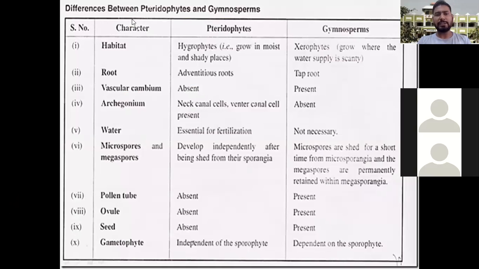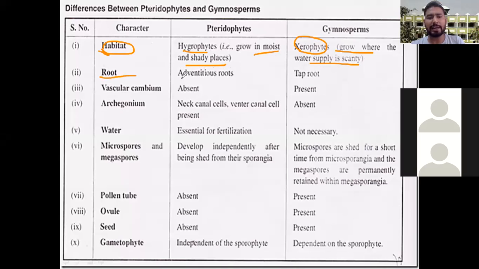Now the difference between gymnosperms and pteridophytes. Look here. Habitat: pteridophytes are hygrophytes, found in moist shady places, but gymnosperms are xerophytes; I told you conifers grow where the water supply is scanty, meaning less.